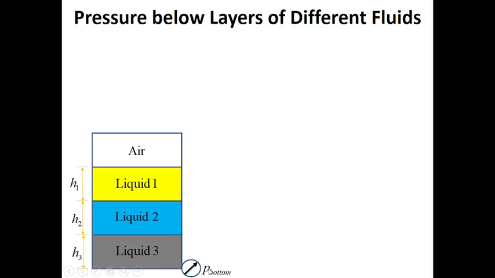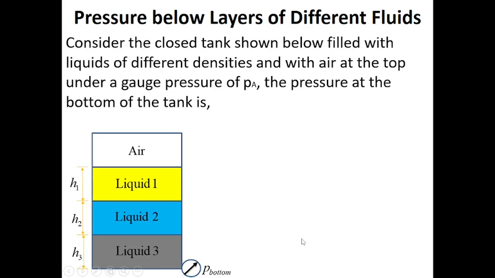We have a gauge meter capable of measuring gauge pressure. Now consider the closed tank shown below, filled with liquids of different densities and with air at the top under a gauge pressure of P sub A.